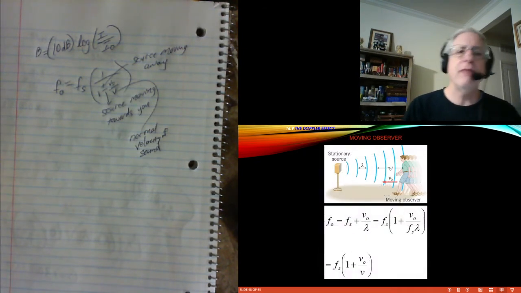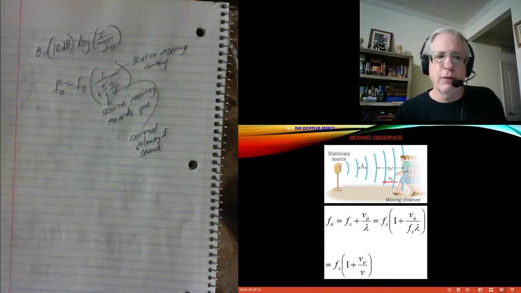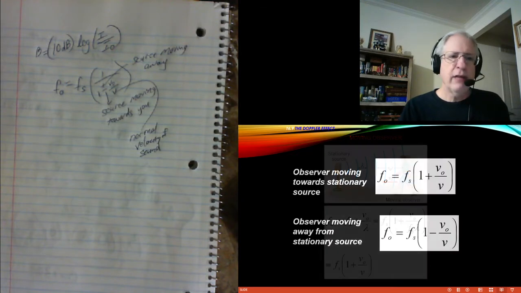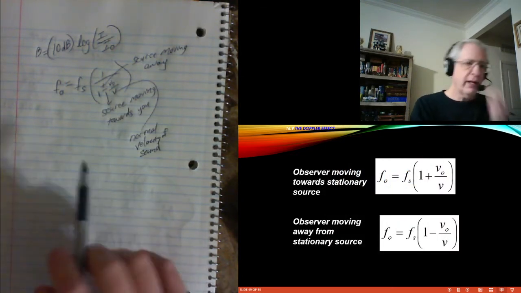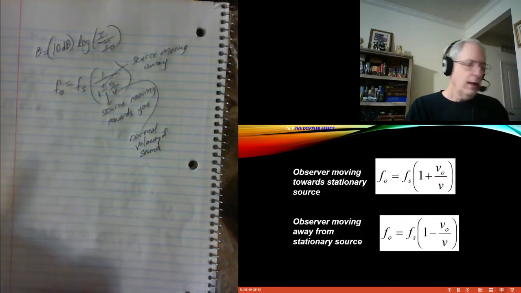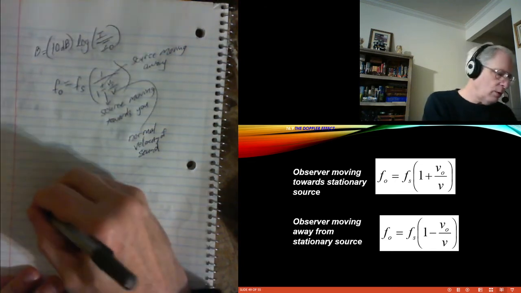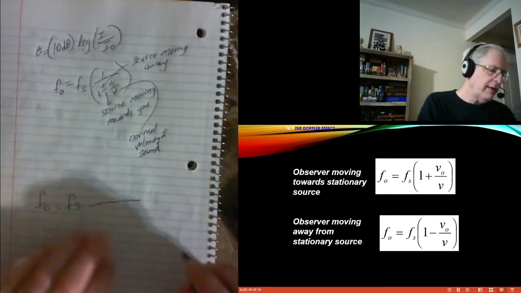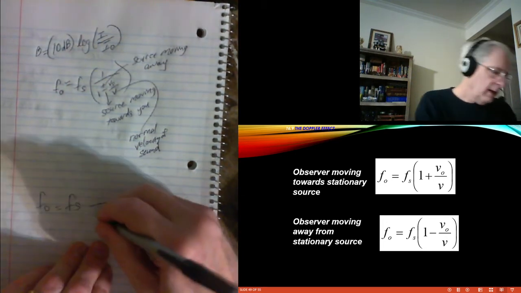Now, it doesn't have to be just the source that's moving. The observer can also be moving. And when it's the observer moving, I'm just going to do one equation here now.